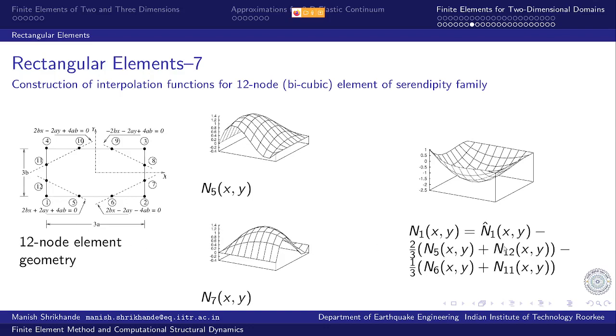These two interpolations have 2/3 weightage, and minus 1/3 of N6 and N11 for subtraction, and that gives us this N1 interpolation, and similarly for the other corner nodes.